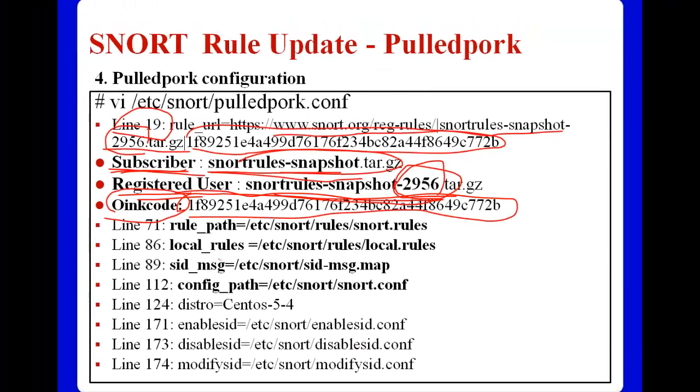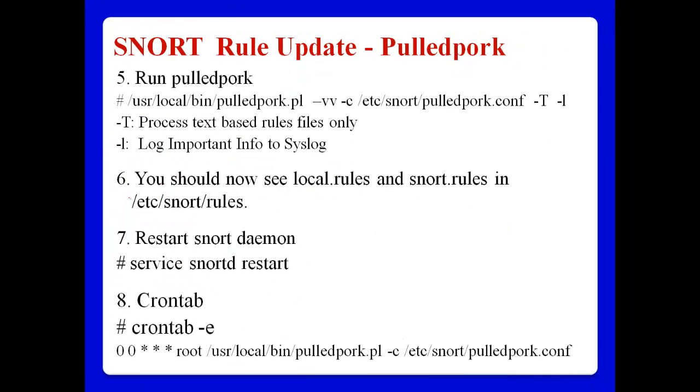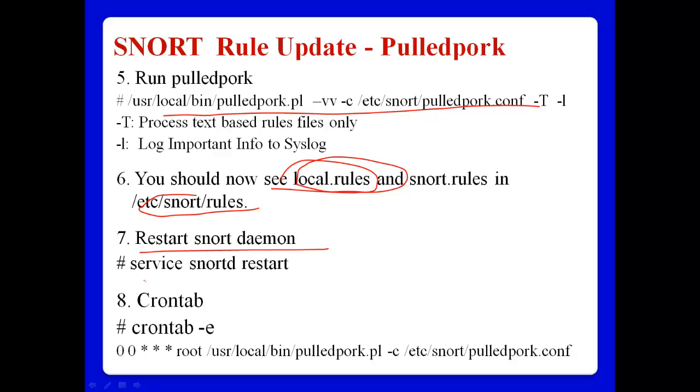Okay, then, I already explained this process, how to run PulledPork like this. And after that, if we are successful in downloading, we can find the local rules file. I already showed you this one, okay? And restart the Snort service. If you want to automate this, you can use crontab like this.